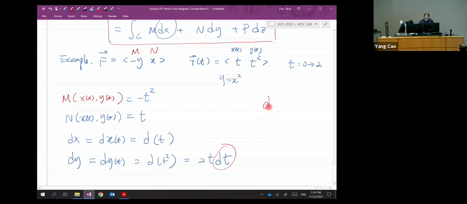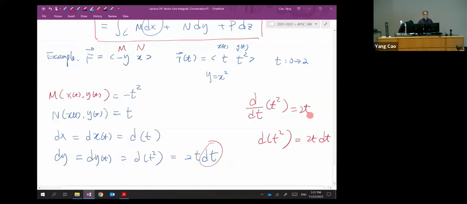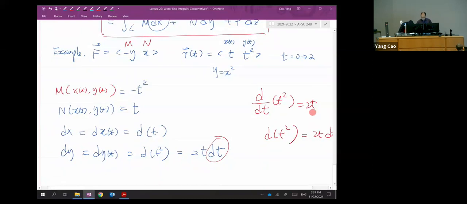They're a little bit different. The derivative gives you 2t, and the differential gives you 2t dt. That's the difference.